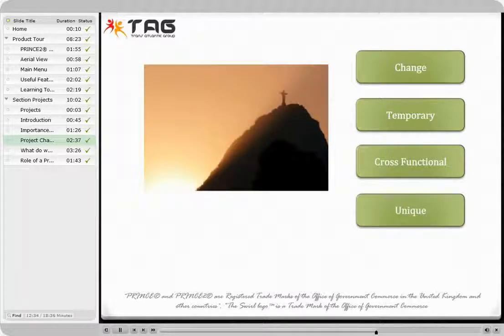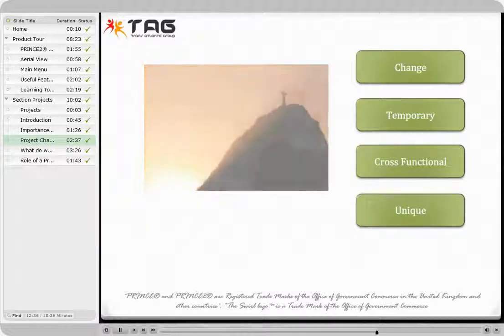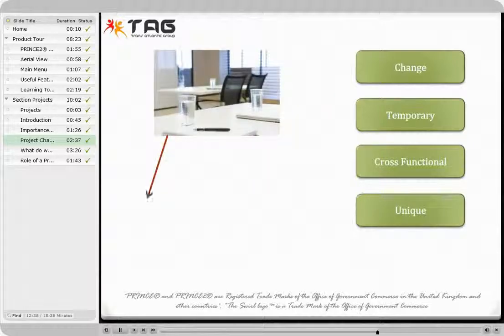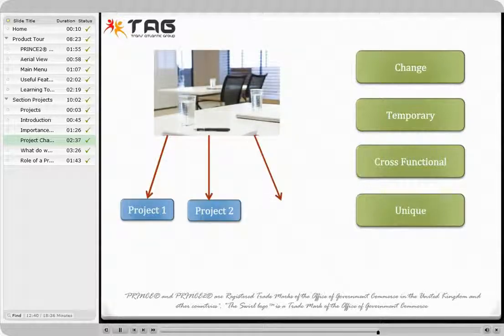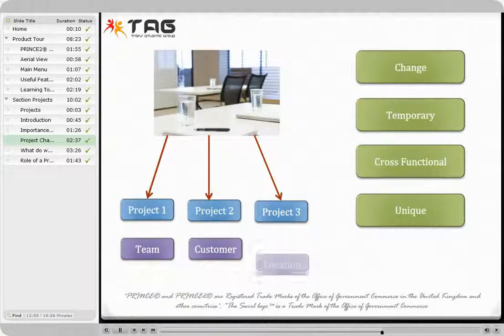Uniqueness establishes that every project is unique. An organization may undertake many similar projects and establish a familiar, proven pattern of project activity, but each one will be unique in some way, like a different team or a different customer or even a different location.